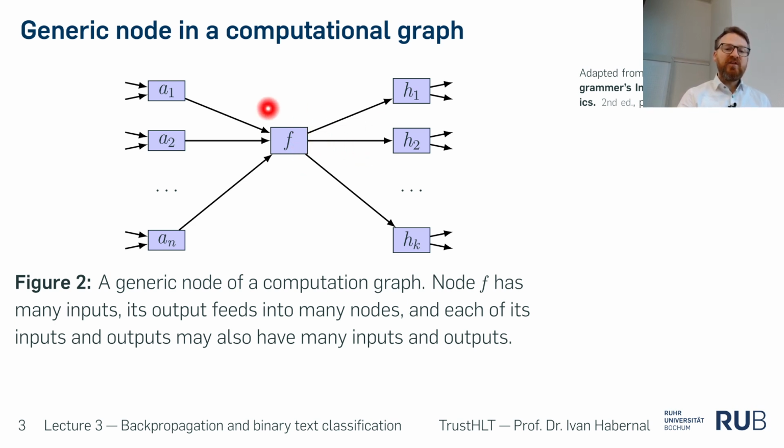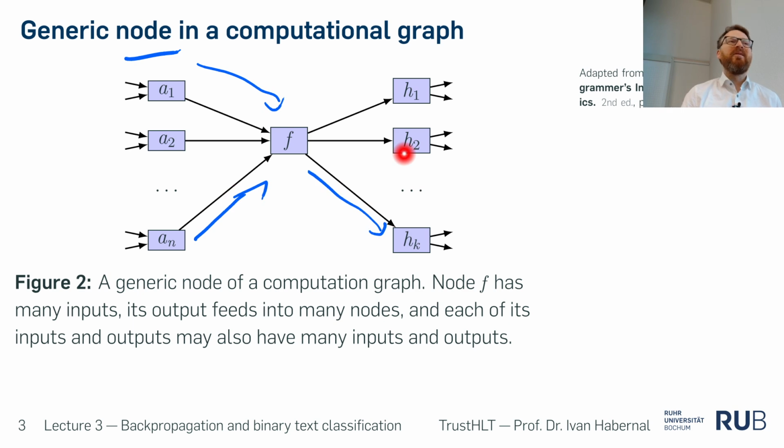Good. So in general, each node in the graph can have multiple arguments, and now the question is, what is a parent and what is a child? It depends on how you look at a tree. Sometimes you have children below in the tree and parents up in the tree. Sometimes it's up to you. So I would say these would be the children because they're coming into the node, and these would be the parents because why not?